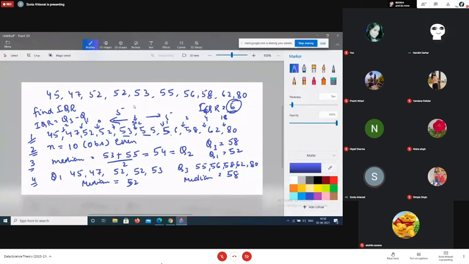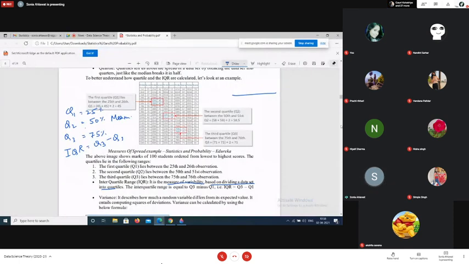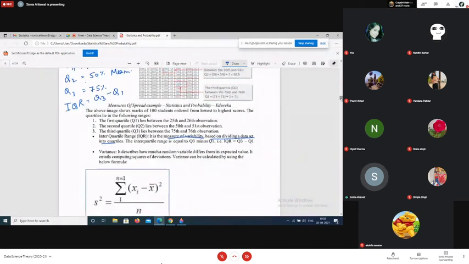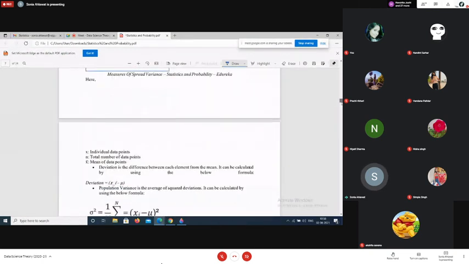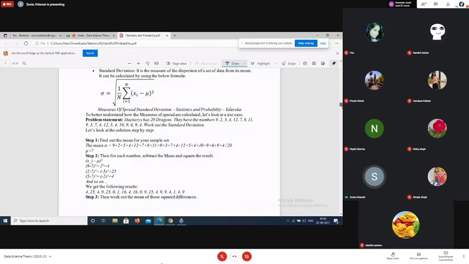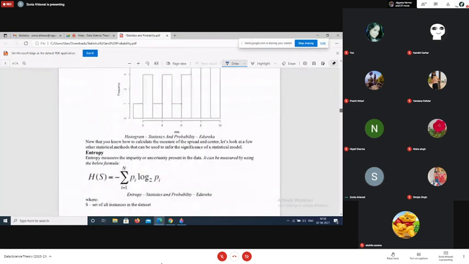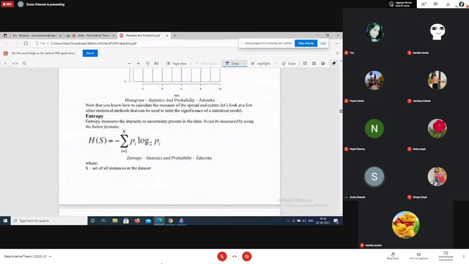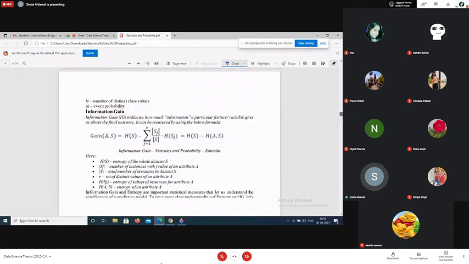Fine. Yes, ma'am. So I'm not going into variance today. We'll start with variance tomorrow, because firstly there is no time now, and secondly it will become a little lengthy. So till this point we know about the quartile and what exactly the information is that we get from the interquartile range. Next is variance, and after variance, entropy, and the probability I have already shared.